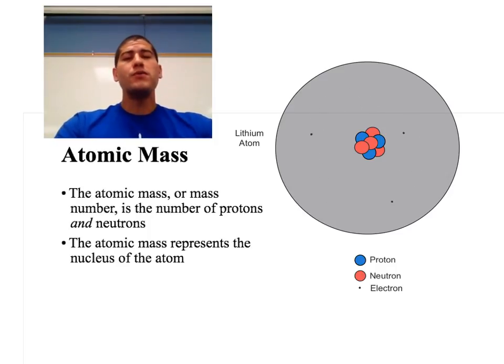So both protons and neutrons contribute to the mass of an atom. Now, the atomic mass, all of the protons and all of the neutrons, represents the entire nucleus of the atom, which is really the only thing that gives the atom its mass or weight, because electrons are so small, if you recall, that they don't count.